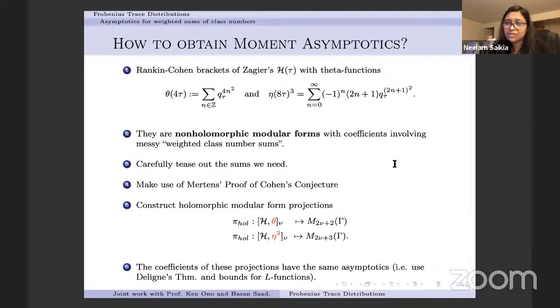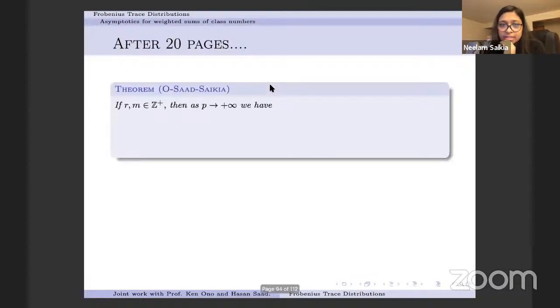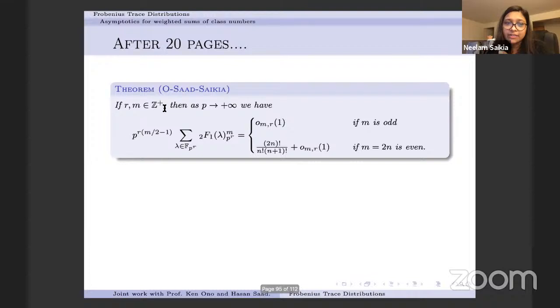This is the method we apply to obtain the asymptotic formulas for these moments, for both 2F1 and 3F2 functions. After a lot of calculations, about 20 pages, we obtain this theorem, which says that if r and m are positive integers, then when we take p going to infinity, these moments converge to this.